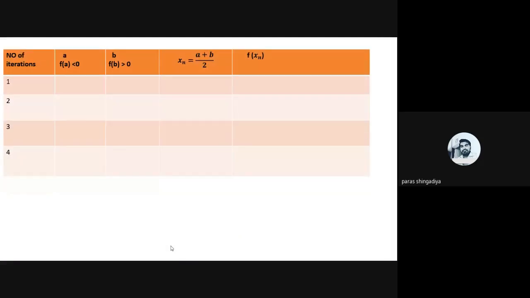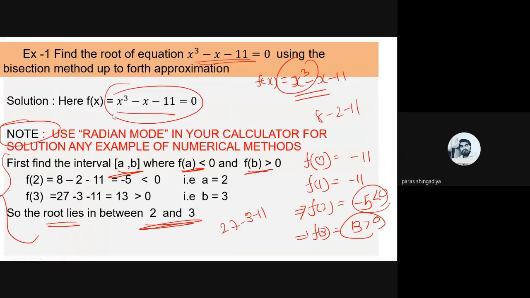And now in the next step, you have to prepare one table to derive the required answer. In the first column, mention the number of iterations: 1, 2, 3, 4, 5 and so on. In the question it is given how many iterations are required: the bisection method up to the fourth approximation.